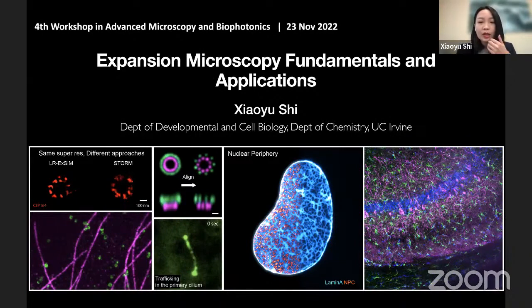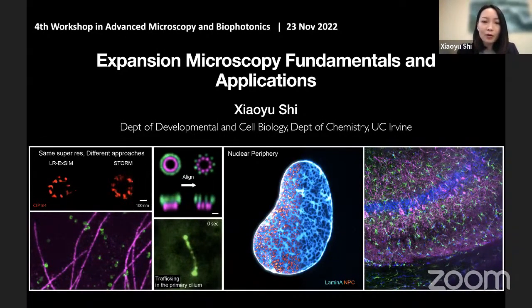The chemical approach thrived basically from the second year of the Nobel Prize in 2014, which was given to the optical approaches to super resolution microscopy. So 2015 is the kind of benchmark year for a new approach that started to be popular in the field. That is expansion microscopy.